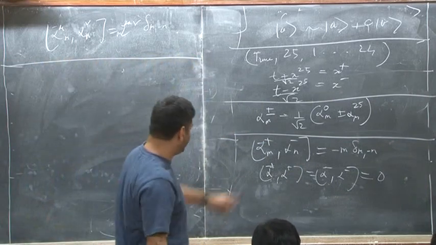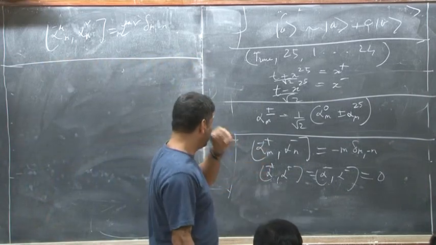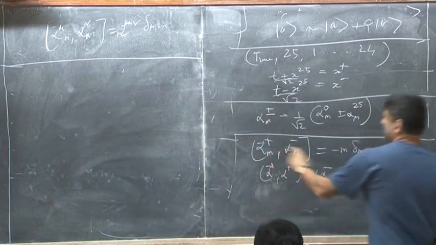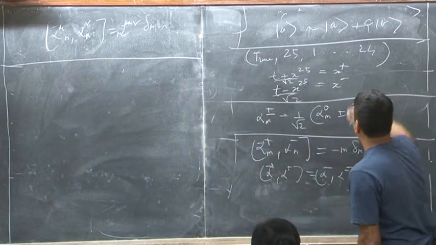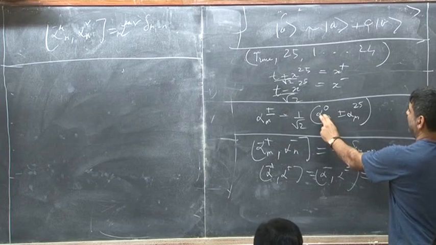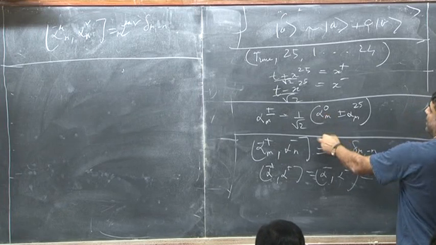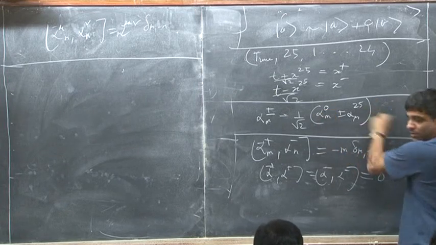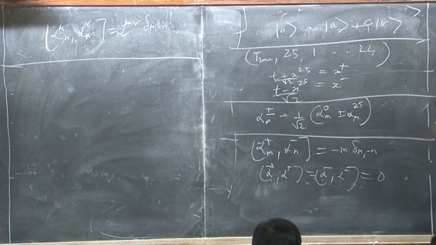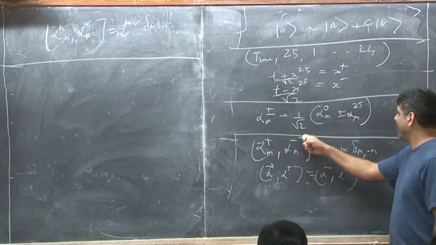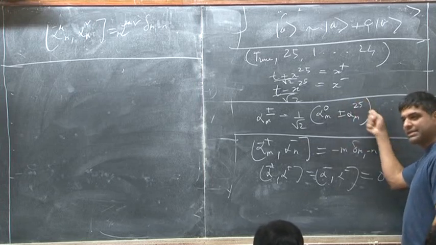So now let's look at alpha plus and alpha minus. Alpha plus with alpha plus, you get 0 with 0. So alpha plus with alpha minus involves the 0 with 0 and the 25 with minus 25.